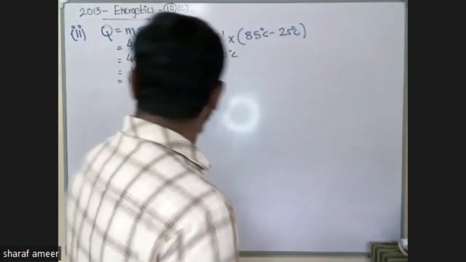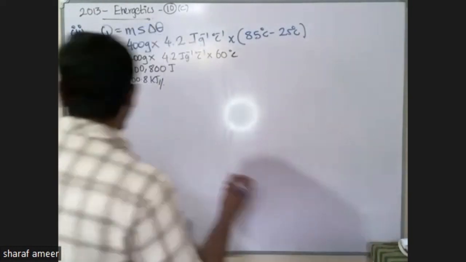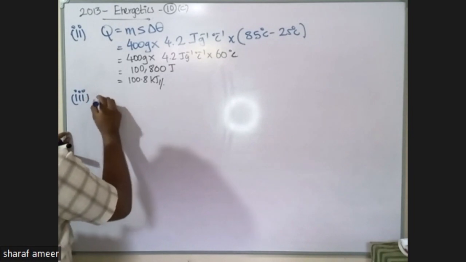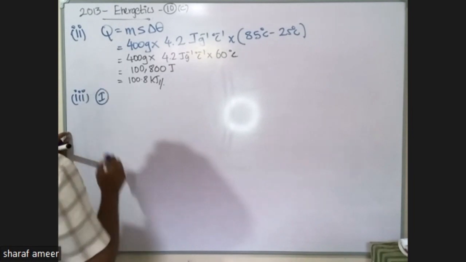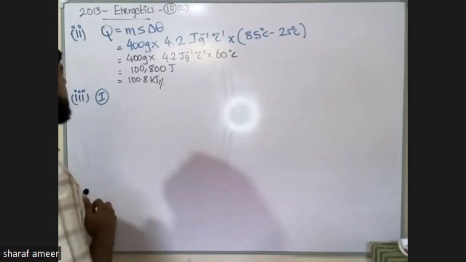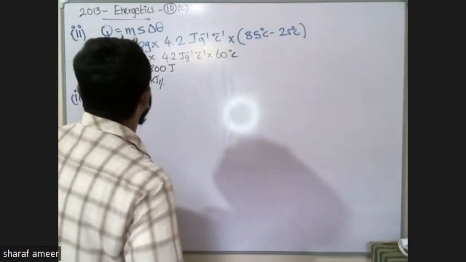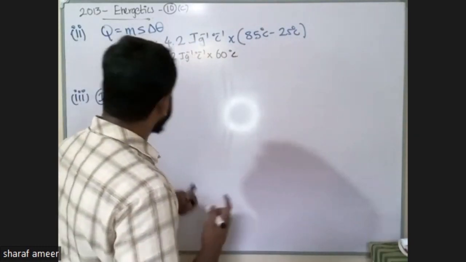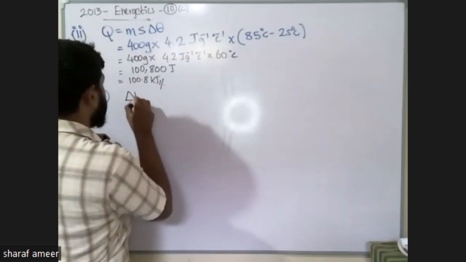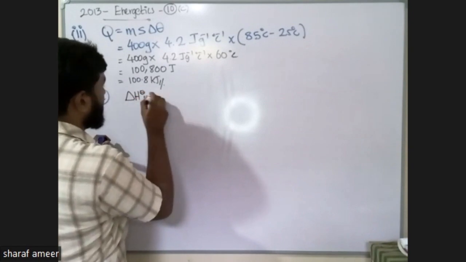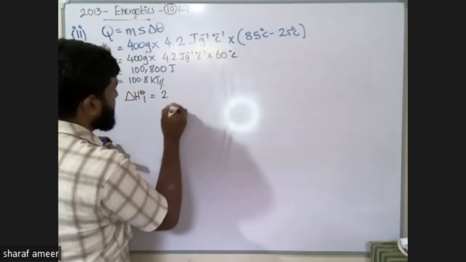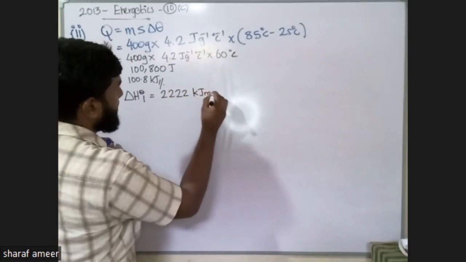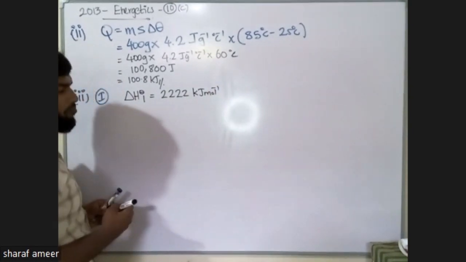Now see here, there has to be an idea here, right? Now see here. So for propane, the enthalpy change of combustion was minus 2222 kilojoule per mole, right?